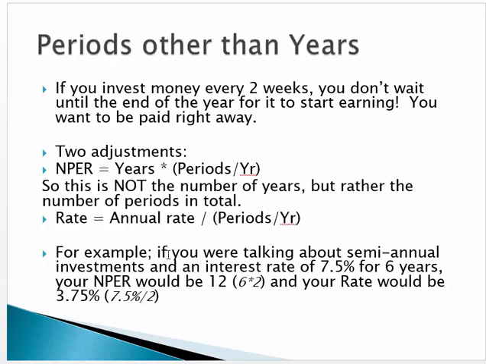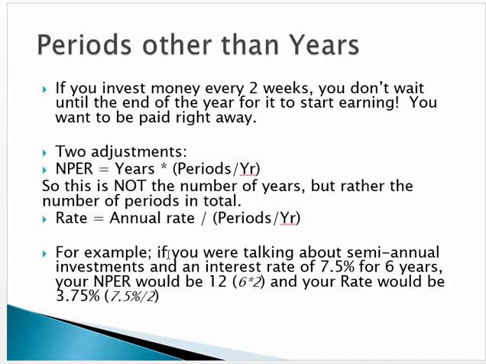If we had semi-annual payments, the years would be however many years these semi-annual payments are going to happen. And then the periods per year is going to be 2, so we'd multiply the number of years times 2, and that would tell us the number of 6-month periods that are going to be in our calculation. If we're talking about months, obviously we're going to take the number of years, multiply it times 12 to get the number of periods.